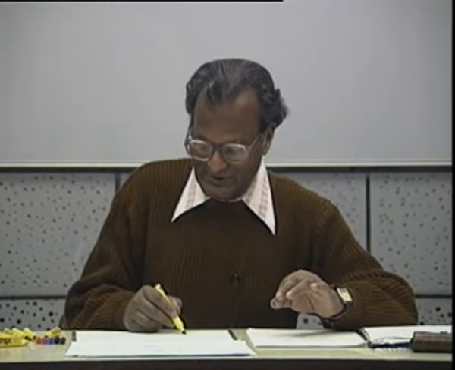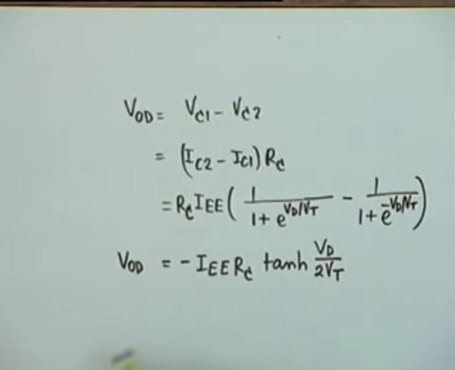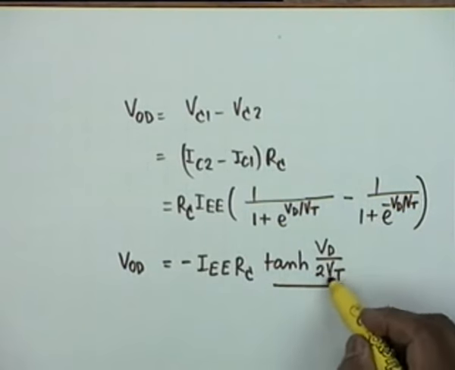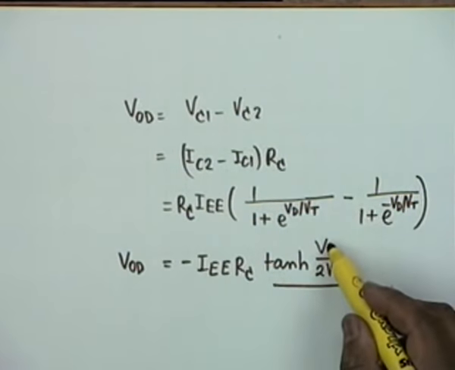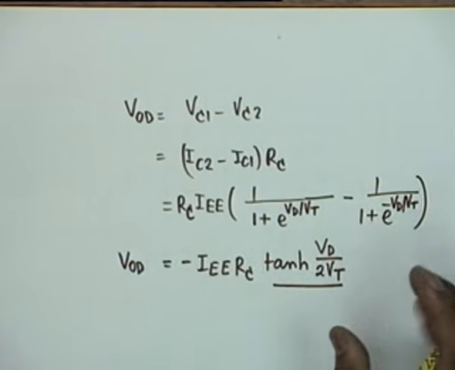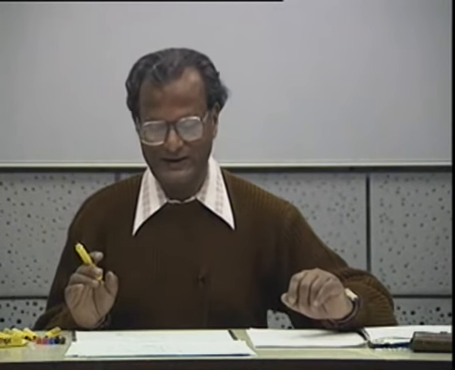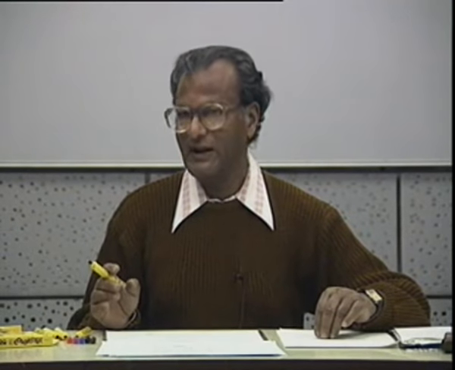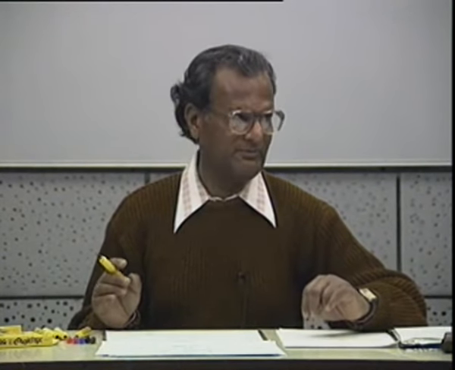So this is the expression for VOD, and the plot of tan hyperbolic in the range, you see that 2 Vt occurs here, in the range Vd minus 2 Vt to plus 2 Vt is approximately linear. It's highly linear in fact, and that is how the differential amplifier can be used as an analog amplifier for linear amplification. And this is the point where we will start from next time.